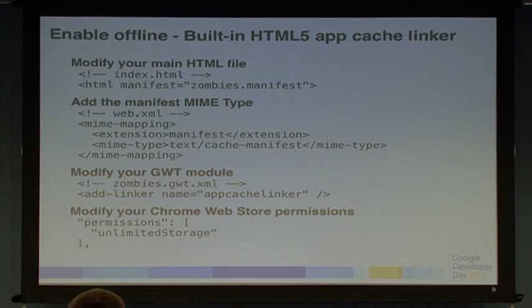Then one final trick, if you have a game that's larger than 5 megabytes, which is the maximum the specification allows, you can set this special permission for Chrome Web Store apps. And then your game listed in the Chrome Web Store can be installed for offline use. Angry Birds is fairly large, so it's larger than 5 megabytes. So we use this permission to make sure that you can play Angry Birds while you're offline.